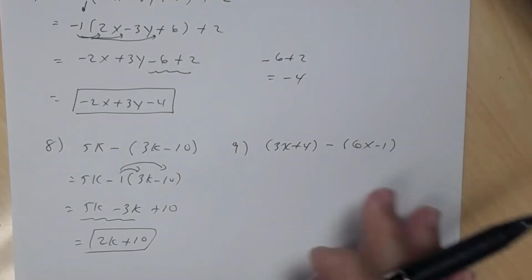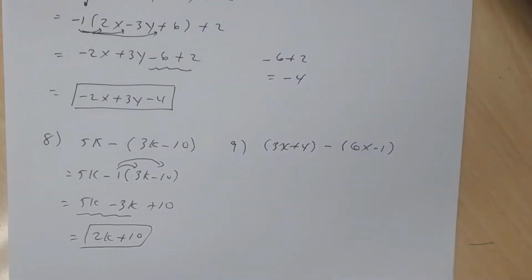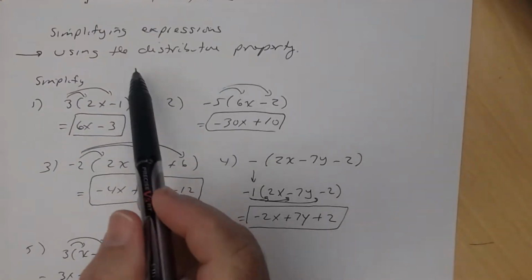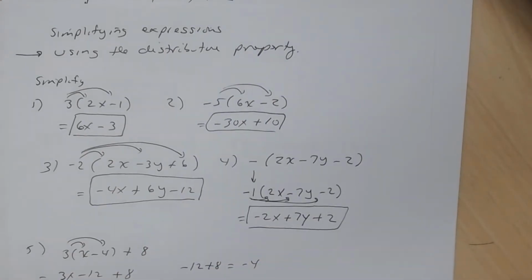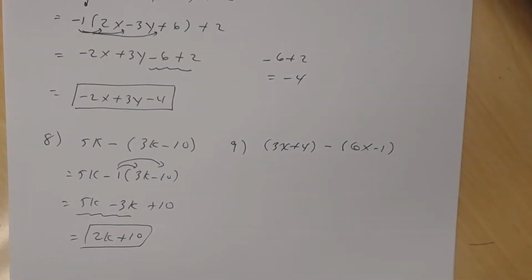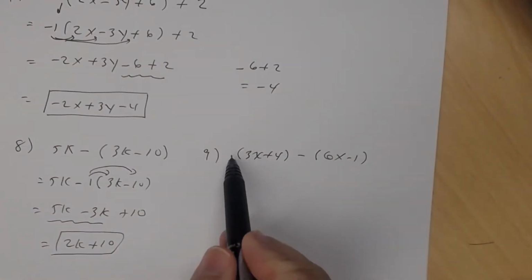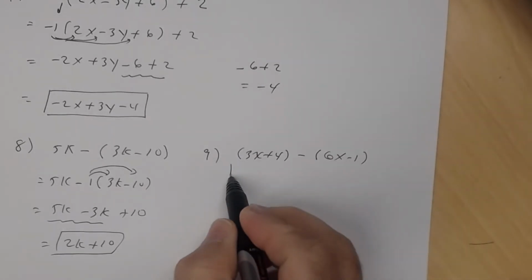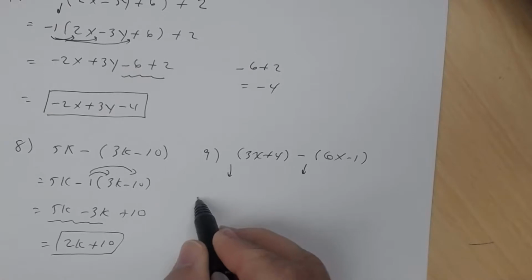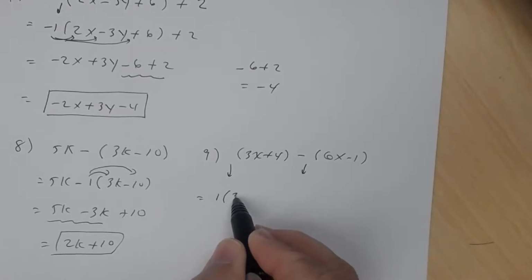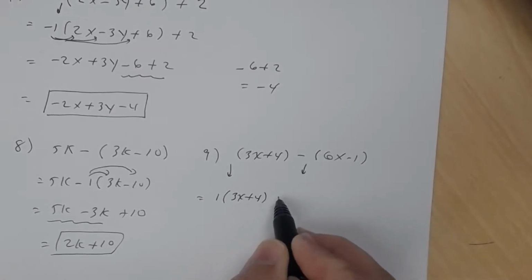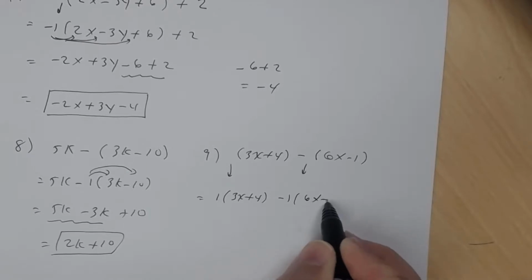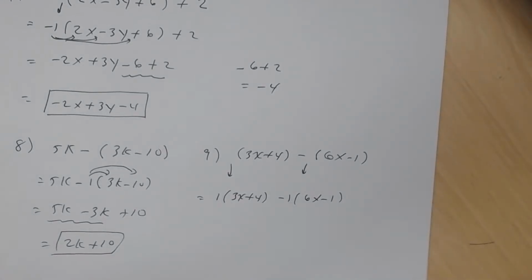Now notice that these both have parentheses, and the idea when simplifying an expression with parentheses, you want to use the distributive property. And so remember, there's no number there. That's understood to be a 1 right here, and this would be a negative 1. So you may want to rewrite both of these right here. So you may want to say that's going to equal 1 times 3x plus 4 minus 1 times 6x minus 1. So you may want to do that first.